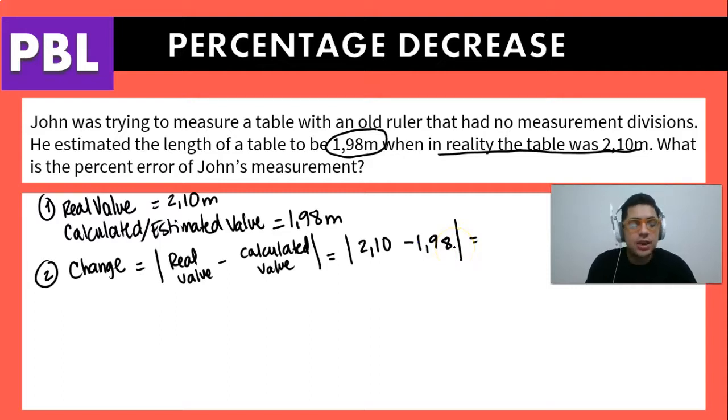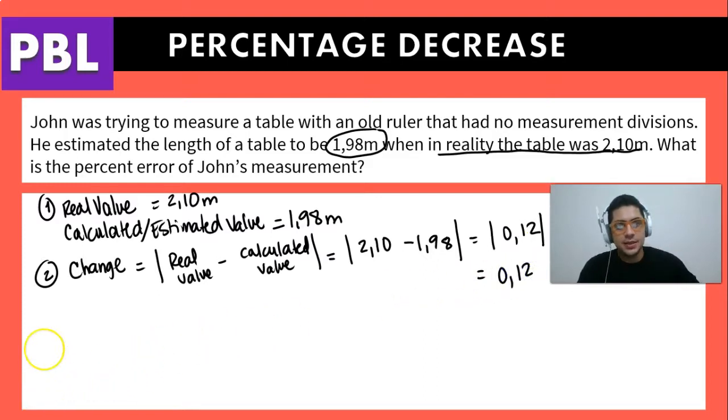Now, remember, guys, whenever we take the absolute value of a number, that number is going to be always a positive number. So whenever we subtract, that is going to give us the absolute value of 0.12, and the absolute value of 0.12 is positive 0.12. Now, after we have found the change, we're going to use the percentage formula to find the percentage error.